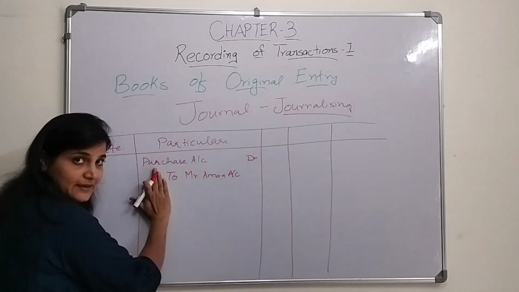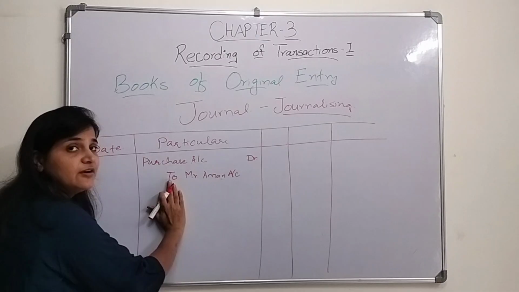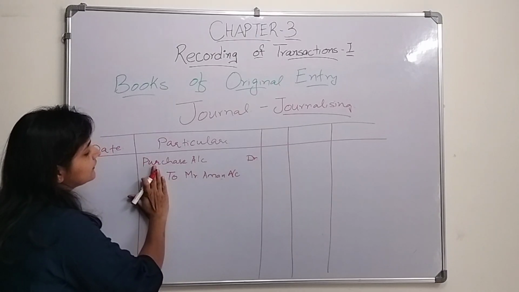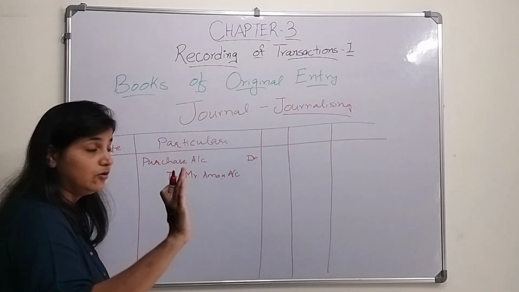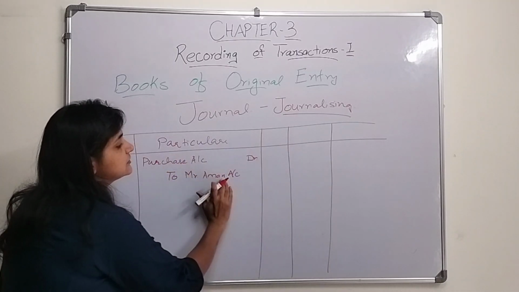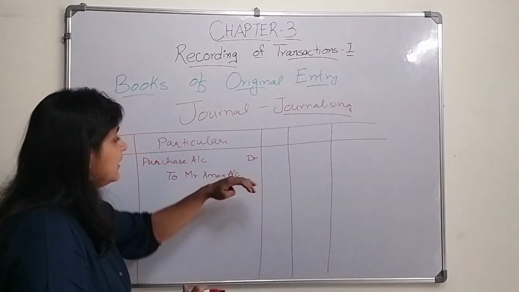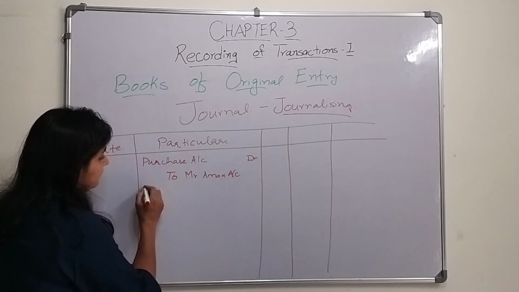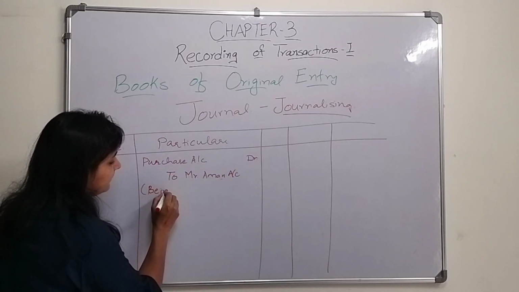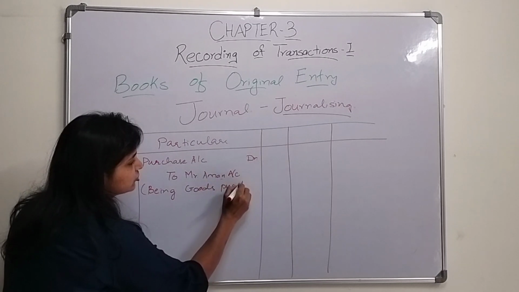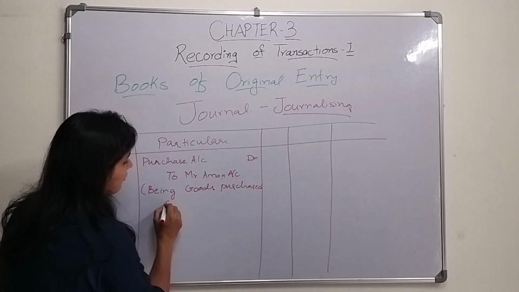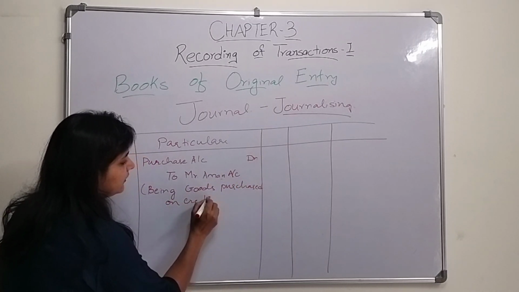I'll keep a space and write to whichever account is being credited. We keep a certain space and we credit. We don't write credit over here, we just write to Mr. Aman account. Then we write a narration, being goods purchased on credit.